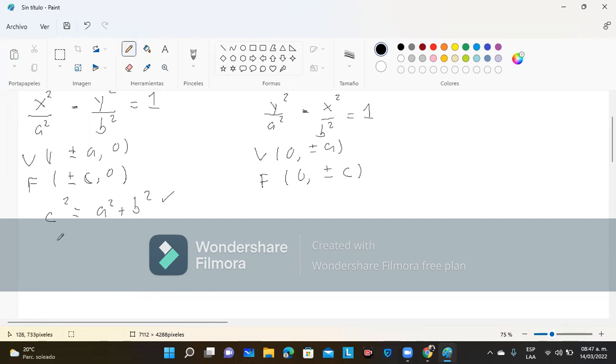So now we have that c squared is equal to a squared plus b squared. This is for hyperbolas. And now we have the equation for the asymptotes. When it is horizontal, the asymptotes are y equals plus or minus b over a times x.